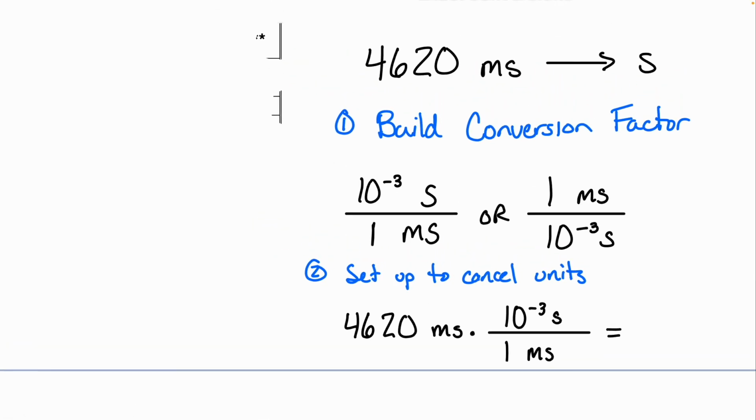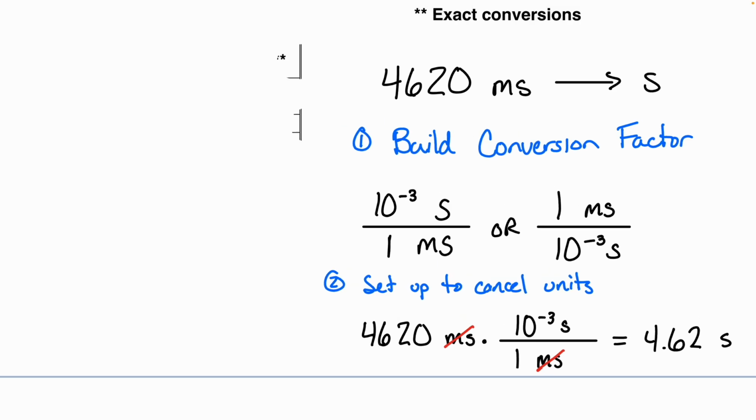All right, so now I have to divide by that milliseconds. This cancels out, leaving me with units of seconds. I punch this into my calculator. I get 4.62, my units being seconds. How many sig figs should my answer have? 3, so I'm good. Cool?